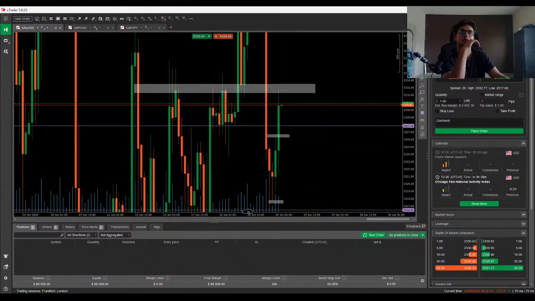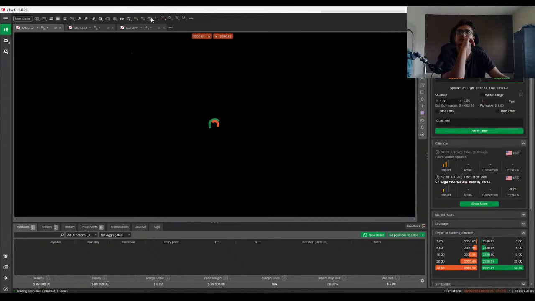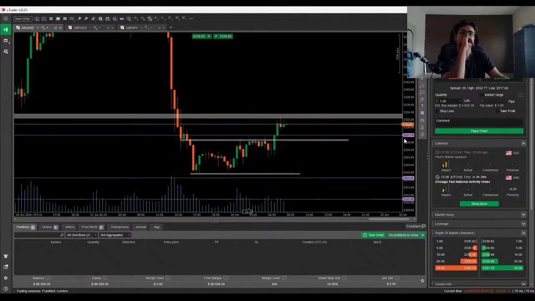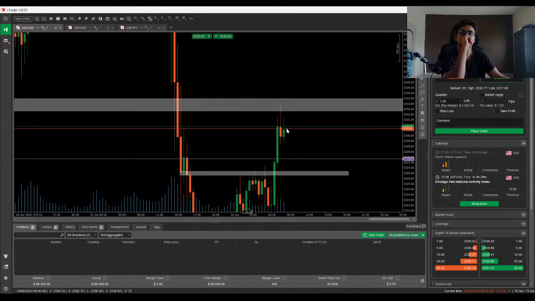Simple as that. Based on the 30-minute time frame, let's see if we can break this high, so then we could flip bearish. Based on the 30-minute and 15-minute, we'll look for a potential sell entry.